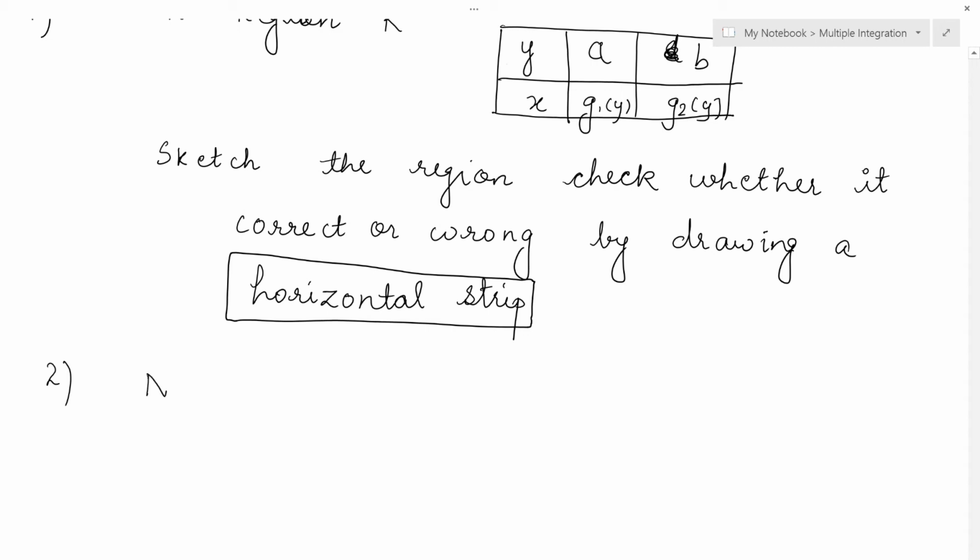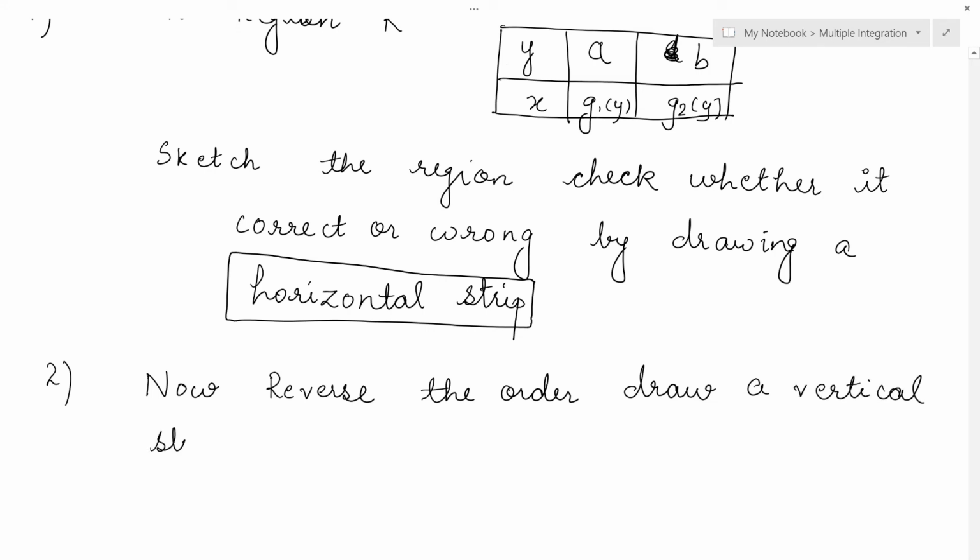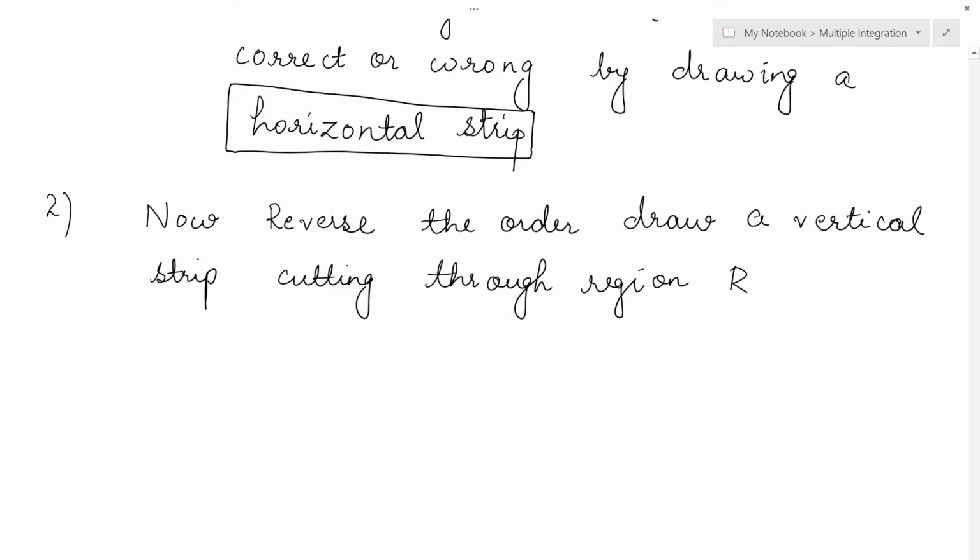Second step is, now the horizontal strip that I have checked, the region is correct, I have drawn the horizontal strip, everything I have done. Now I have to reverse the order. While reversing the order, the horizontal strip will become a vertical strip, which is cutting through the region R. And then you will write down the new integration.